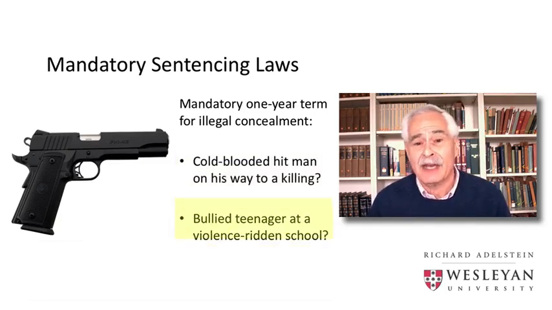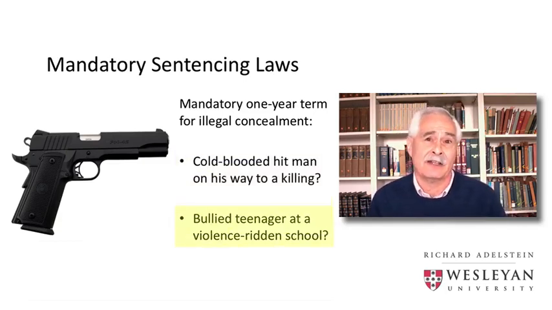Now compare that hitman to a second defendant, a 16-year-old boy, let's say, who's been bullied at his urban high school for months and months. He's now extremely anxious about going to school. He's fearful of the kids who are going to bully him and who keep threatening to beat him up.